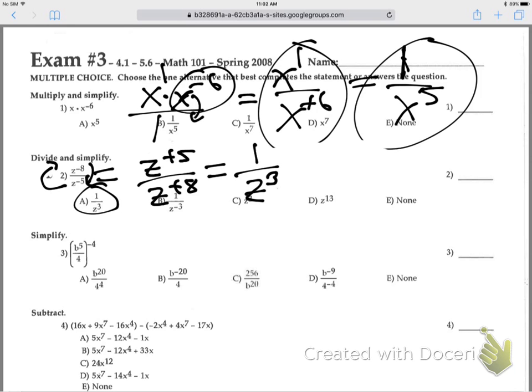So this one, what if powers outside parentheses do? Multiply powers inside. So let me write that rule out.